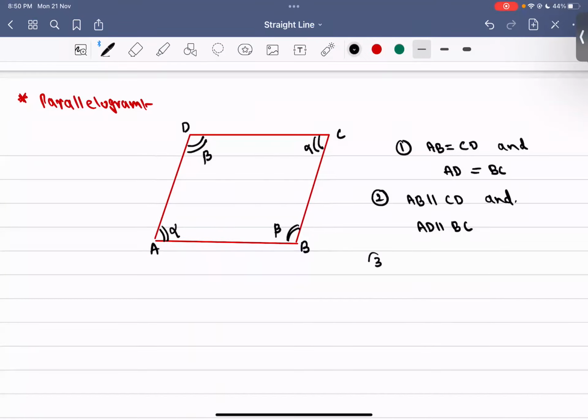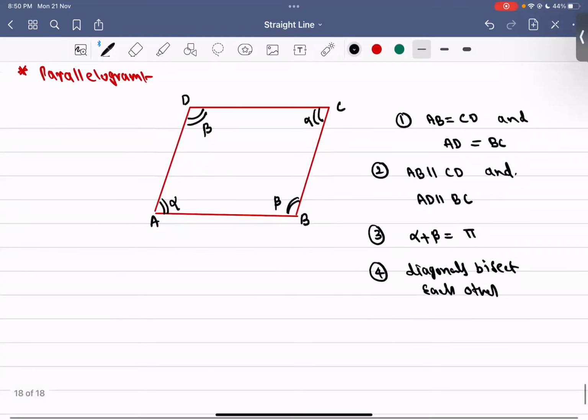Third one, adjacent angles are supplementary, that is the sum of these adjacent angles alpha plus beta is pi. Next, fourth one is diagonals bisect each other. So these are the properties of a parallelogram.